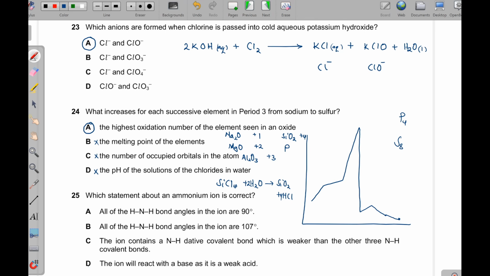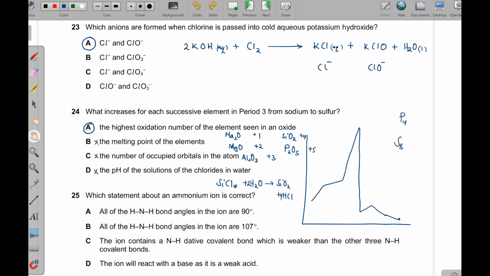Then for phosphorus pentaoxide, this is +5, so it keeps on increasing. And they said up to sulfur. So we can have sulfur trioxide, by the way. We can have sulfur dioxide. So we have seen the trend. It is increasing. That means our answer has to be A.